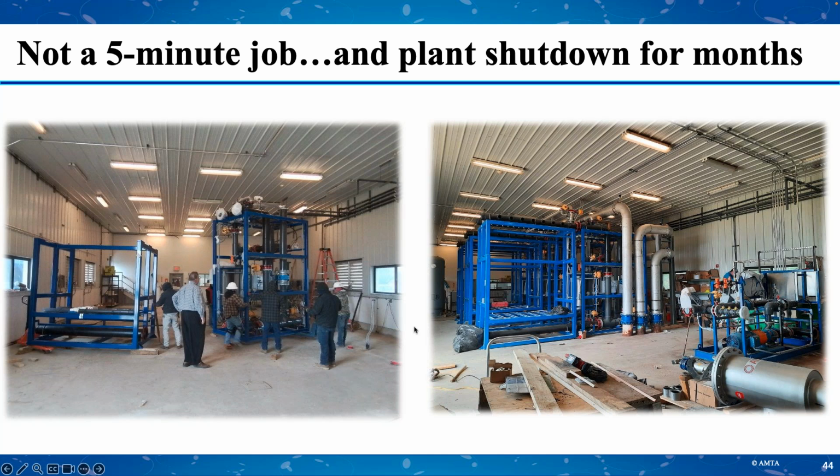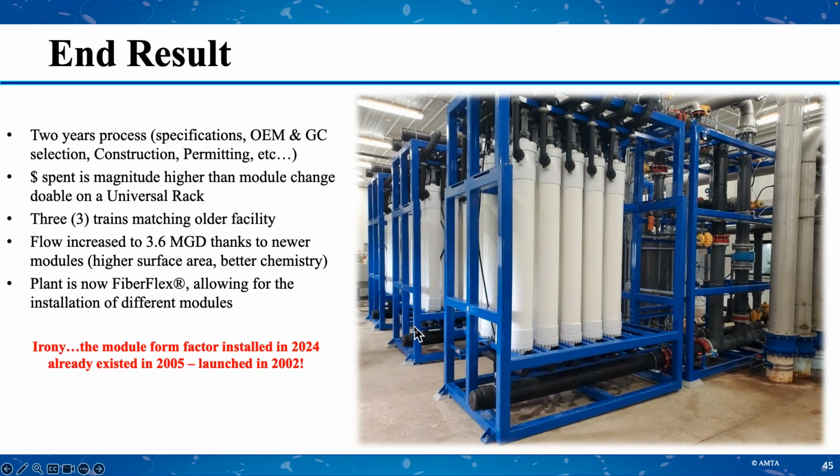The end result is a 2-year process from specification, OEM selection, general contractor selection, then the construction, the permitting changes, et cetera. The amount of money spent is orders of magnitude higher than what would have been spent if you were able to do a module change on the universal rack, but that was just not possible here.